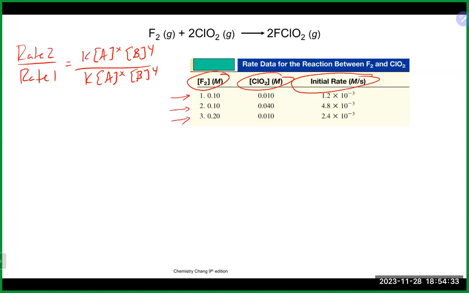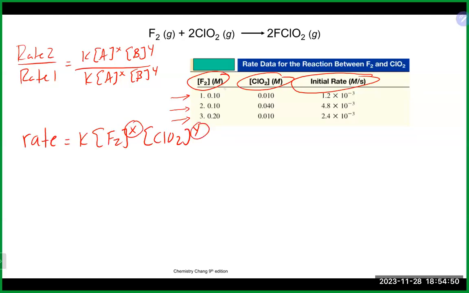So for example here, if we wrote the generic rate law for this reaction, the rate would equal K times F2 to the X and ClO2 to the Y. Again, we're going to use this table to figure out what X and Y are.